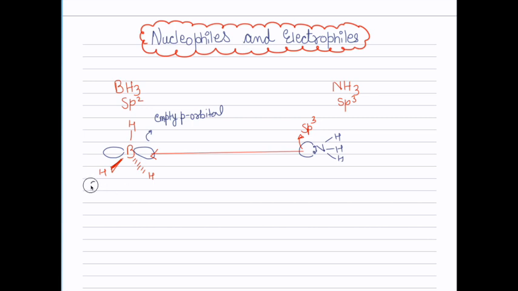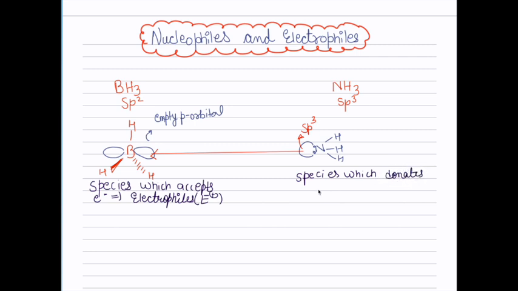So the species which accepts electrons, basically one pair of electrons, is called an electrophile, which we can represent as E plus, and the species which donates electrons is called a nucleophile. I can denote it by Nu negative.